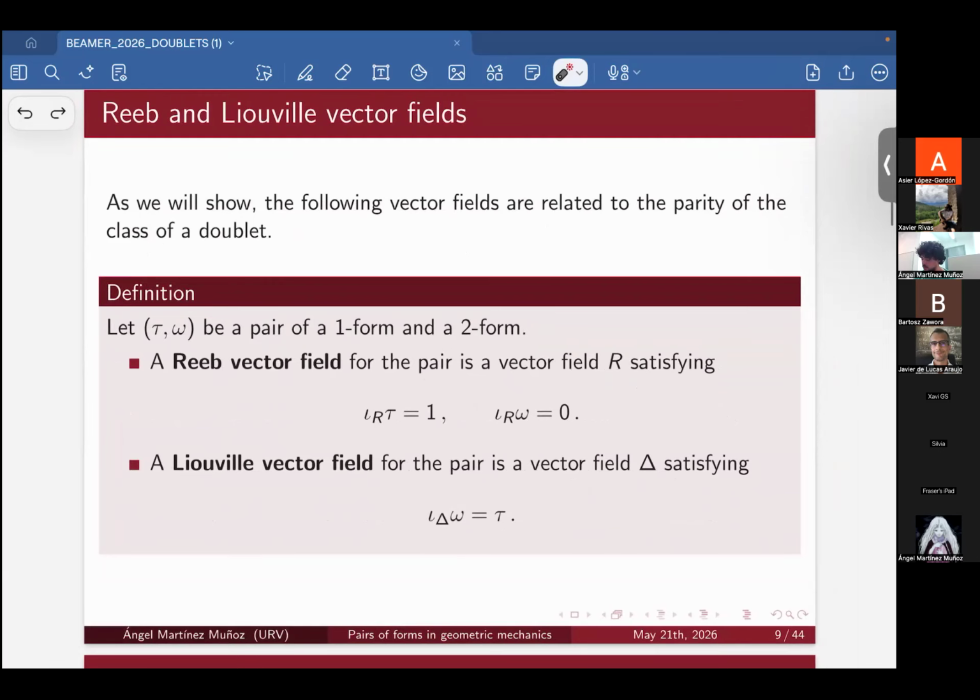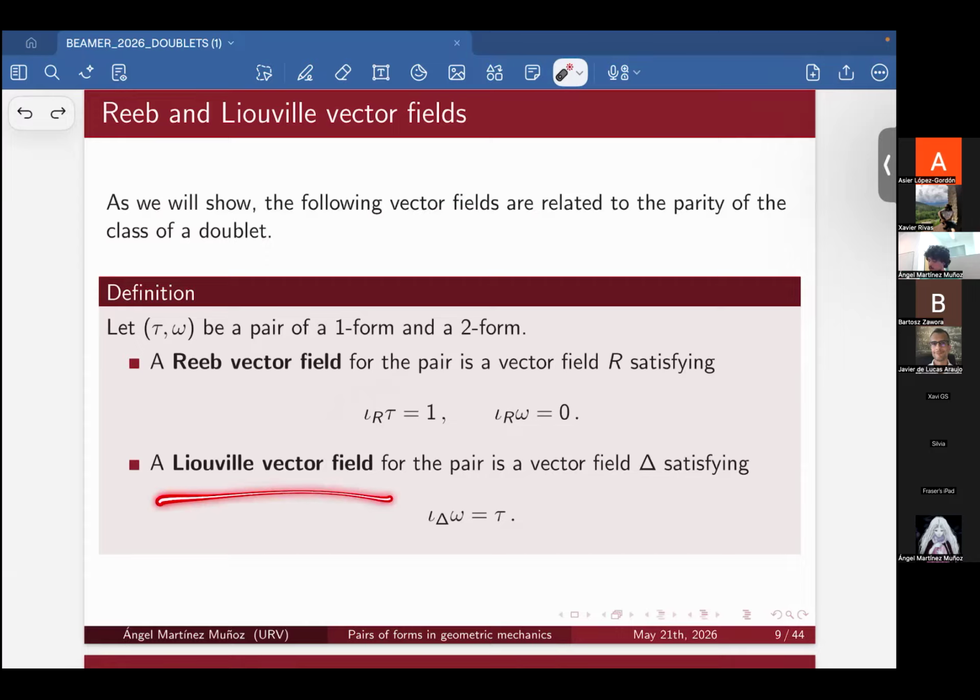If I consider a pair of a 1 form and a 2 form, then we define a Reeb vector field as a vector field which, contracted with the 1 form, gives 1, but contracted with the 2 form, gives 0. This is a generalization of the usual Reeb vector field you would find, for example, in contact mechanics or in cosymplectic manifolds in general.